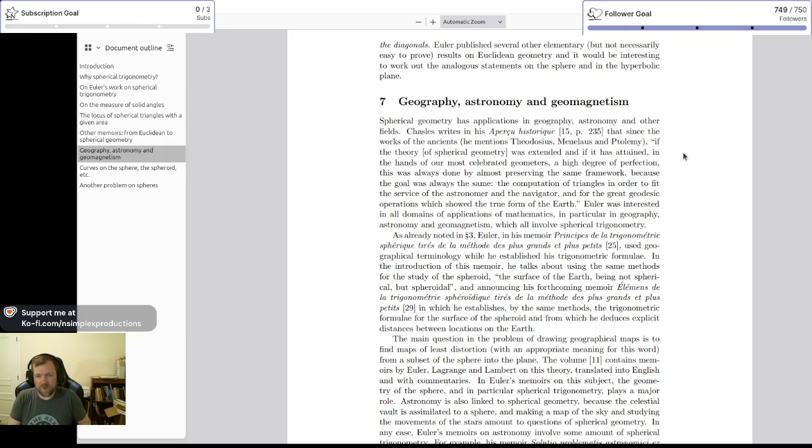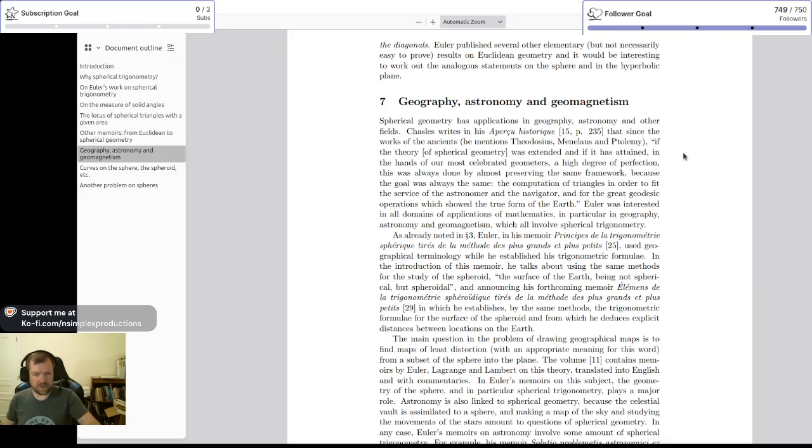In the introduction to his memoir, he talks about using the same methods for the study of the spheroid, the surface of the Earth being not spherical but spheroidal, and announcing his forthcoming memoir, Éléments de la trigonométrie sphéroïdique tirée de la méthode des plus grands et plus petits, in which he establishes by the same methods the trigonometric formulae for the surface of the spheroid, and from which he deduces explicit distances between certain locations on the Earth.